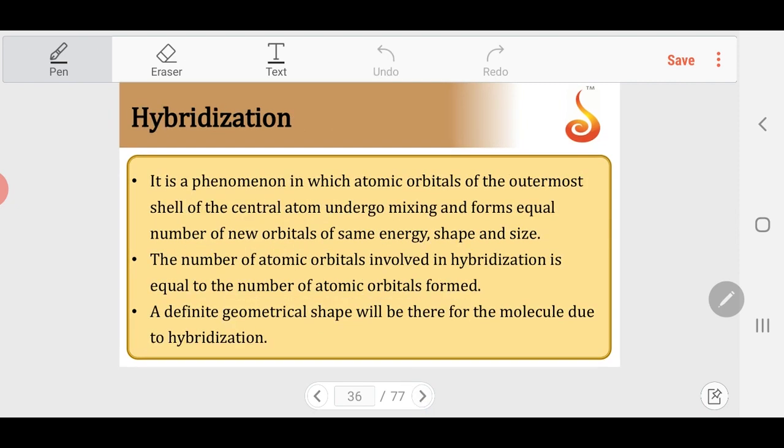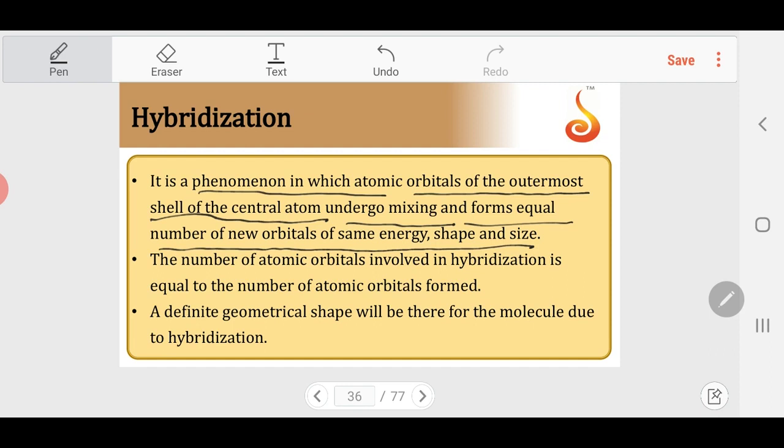To explain the bonding in various other molecules, the concept of hybridization is introduced by valence bond theory. Hybridization is a phenomenon where the atomic orbitals of the outermost shell of the central atom undergo mixing to form an equal number of new orbitals called hybrid orbitals, and these hybrid orbitals have the same energy, shape and size but different orientation in three-dimensional space.